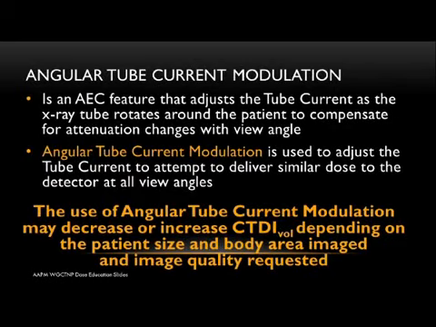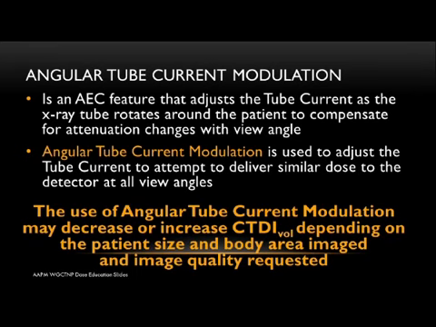The next acquisition scan parameter or feature of AEC to consider, and has already been mentioned, is angular tube current modulation. As a review, angular tube current modulation will modulate and adjust the tube current as the X-ray tube rotates around the patient to compensate for attenuation changes with view angle.